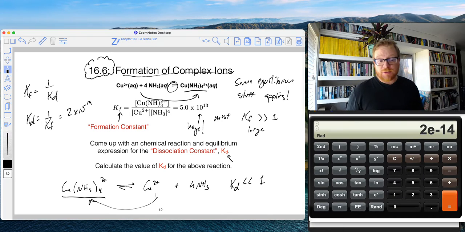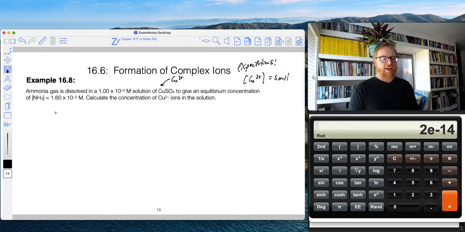And now we can attempt to solve this problem either using Kf or Kd. Either way will work because it's the same reaction. I'm going to do this with Kd. So I'm going to write here that we're talking about copper sulfate and we're adding ammonia to it. Let's first write that reaction just so we can get a sense for what's going on.